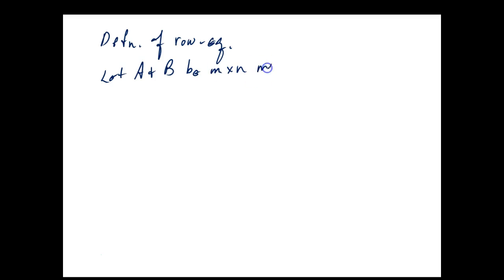But let's see. Here now is another definition of row equivalence. We've had a few before. Row equivalence. Let A and B be n by n matrices.